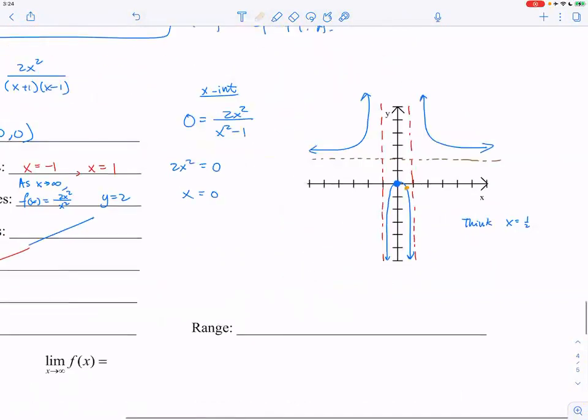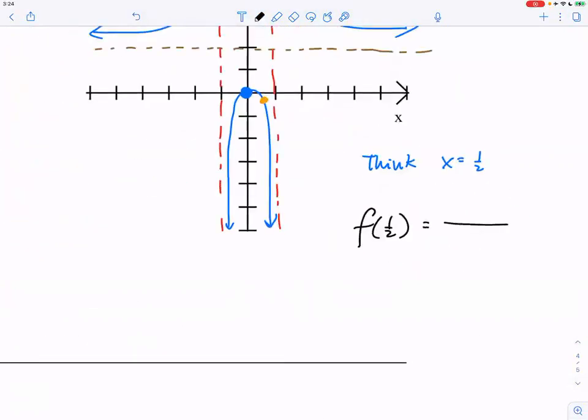So we look at the original equation. f of 1/2 is equal to 2 times 1/2 squared, over 1/2 squared minus 1. Now, we don't need to solve it. All we need to know is whether it is positive or negative.